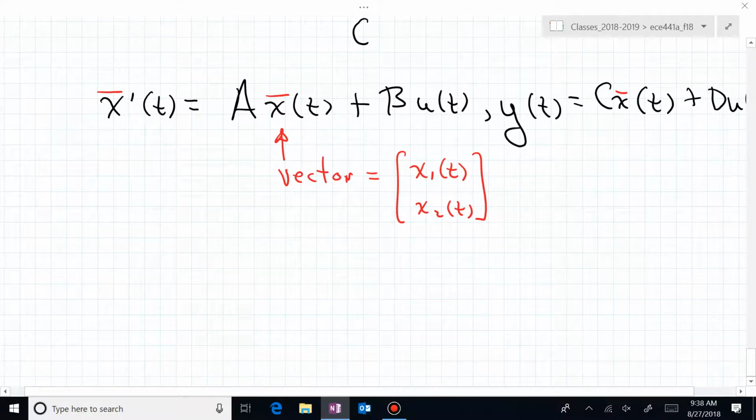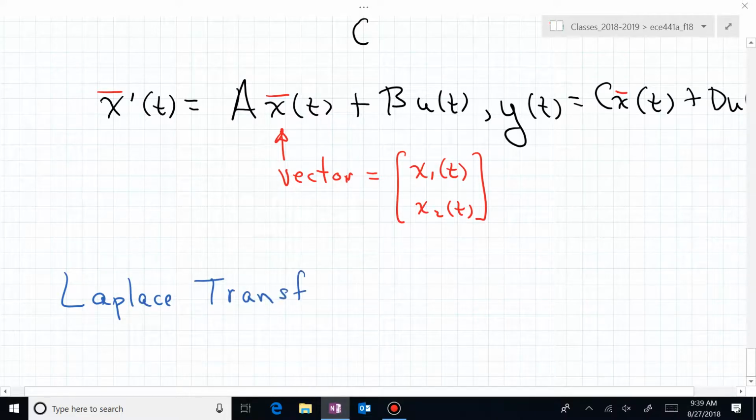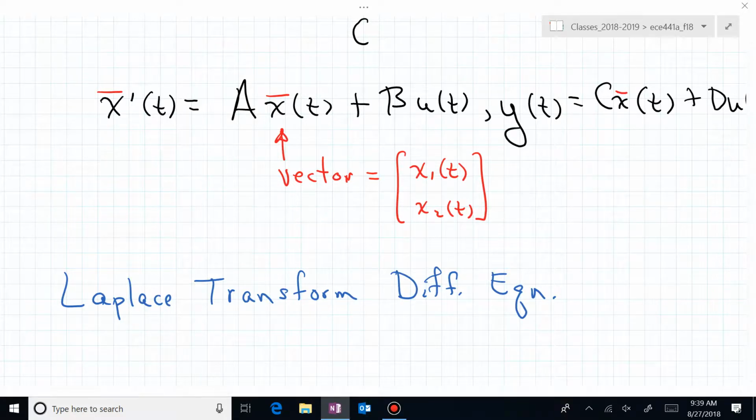What I want to do now is take it into the frequency domain and find a transfer function. Let's Laplace transform the differential equation. Now we are Laplace transforming vectors. No big deal, we just Laplace transform each component of the vector individually.